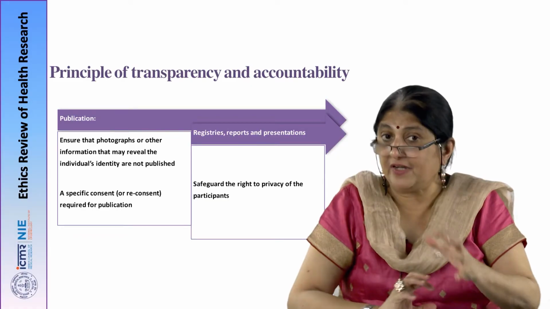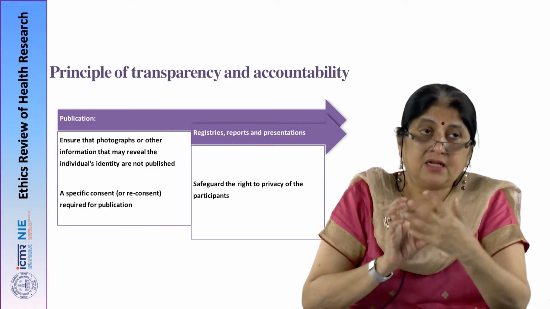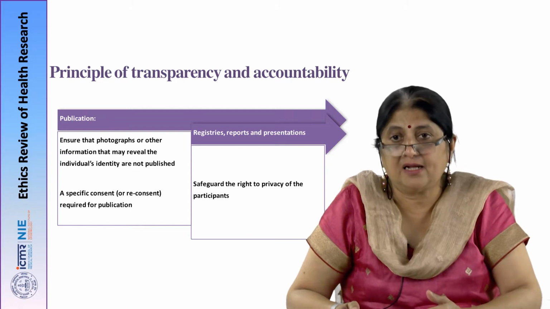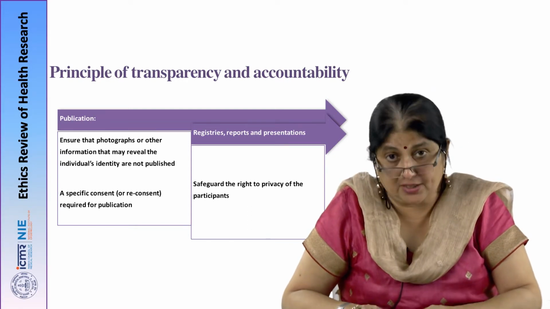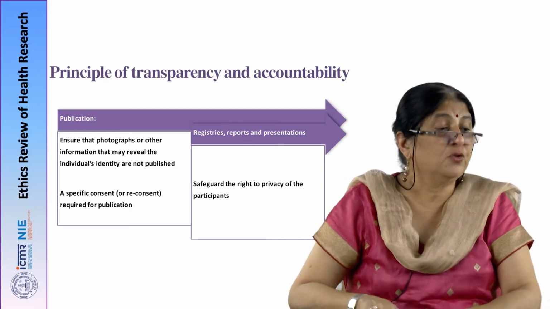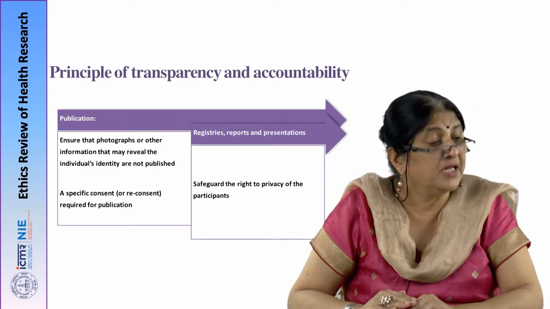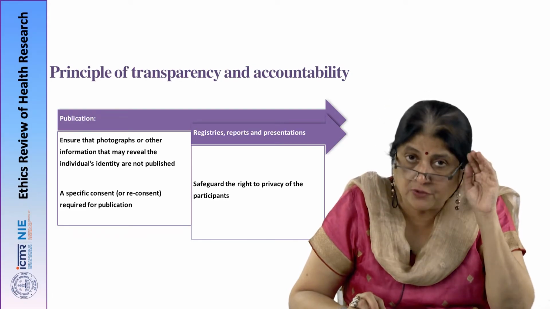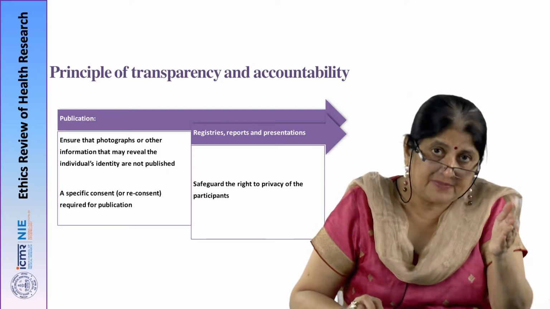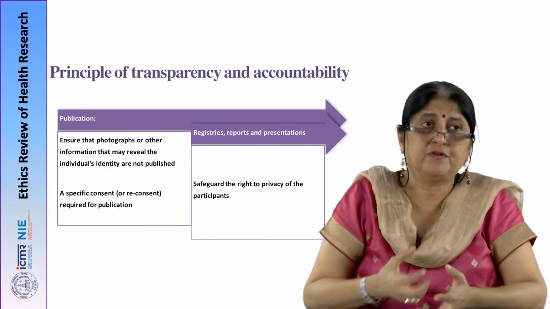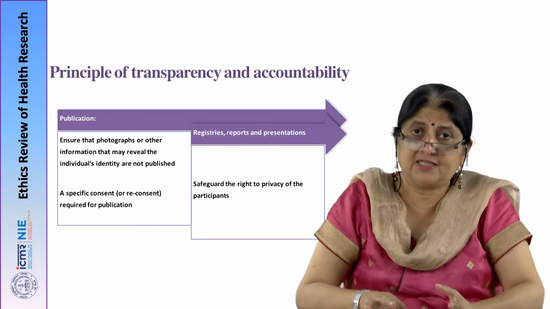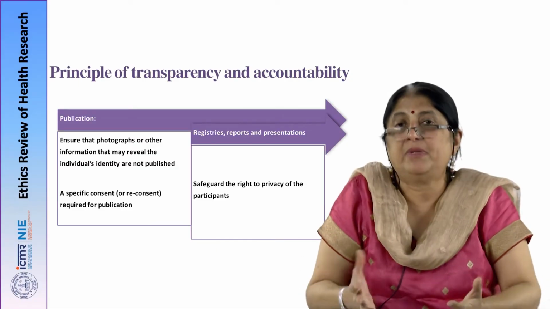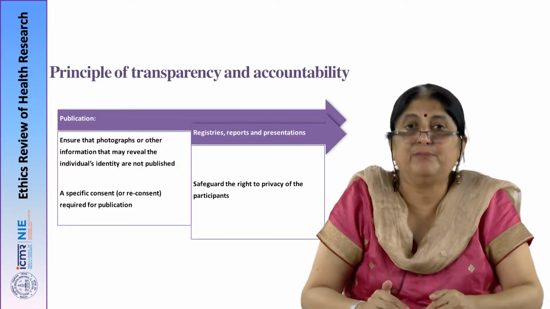This issue becomes very important when it comes to publicizing the results of the research that is being done. We must ensure, and the researcher must ensure, that the photographs or any other information that may reveal the individual's identity are not published. But if you have to, because sometimes, especially in certain types of congenital malformations, etc., you may need to publish this because otherwise that paper may be inadequate or incomplete.